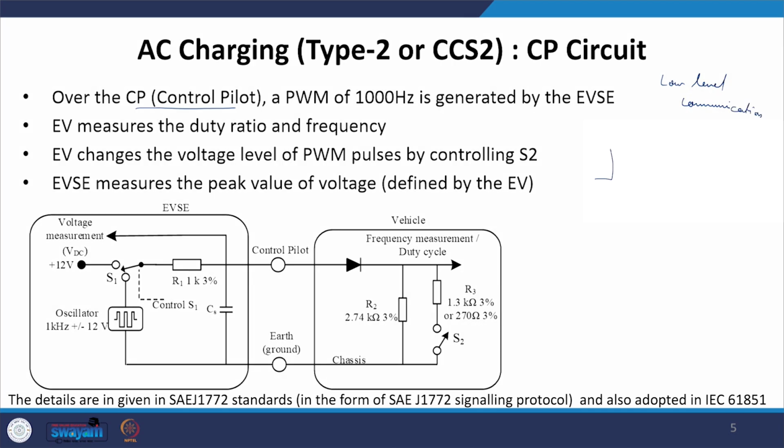If you see the PWM pulses, the PWM pulses have one time period, which is nothing but 1 by the frequency of PWM, with which it repeats itself. Now you have the voltage levels of the PWM, that means the positive voltage level and the negative voltage level.